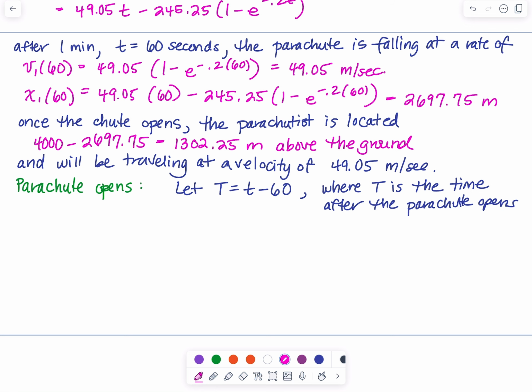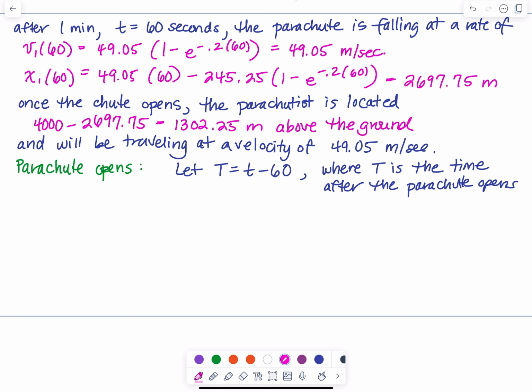So now we have that x2 of t is going to be the position of the parachutist after the chute opens.